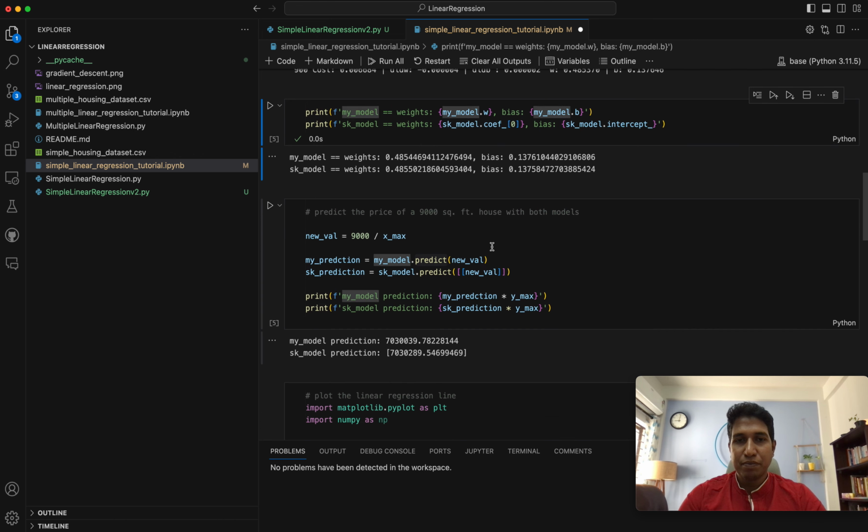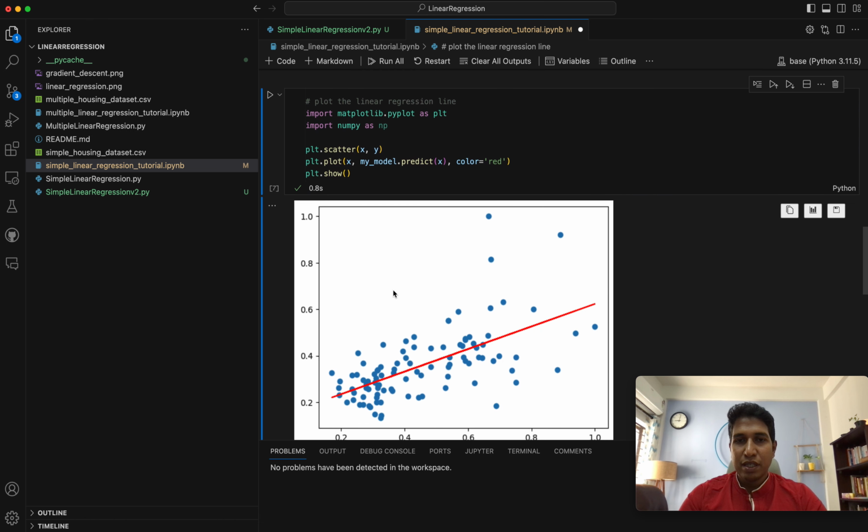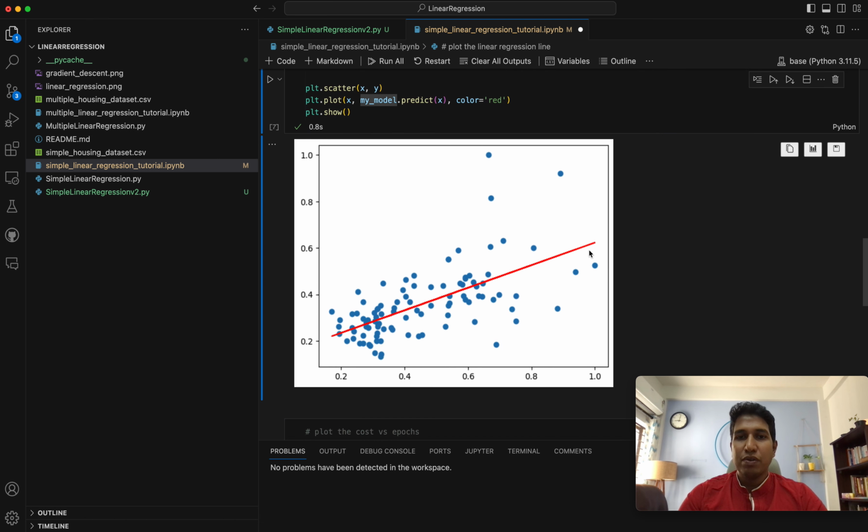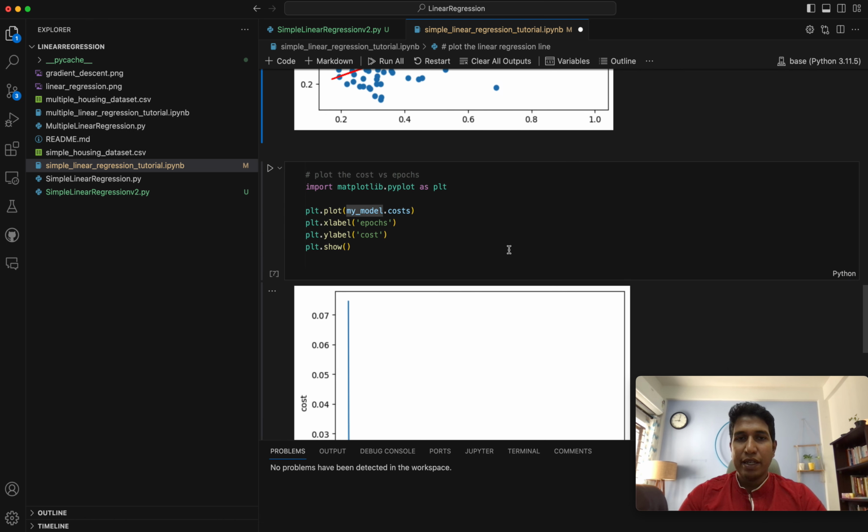We predict the price when the area is 9000, and both of them predicted almost the same. That means our learning algorithm was also implemented correctly. So let's also plot it. That's the same plot we saw previously, and this is how the curve looks, right? So this is all about simple linear regression.